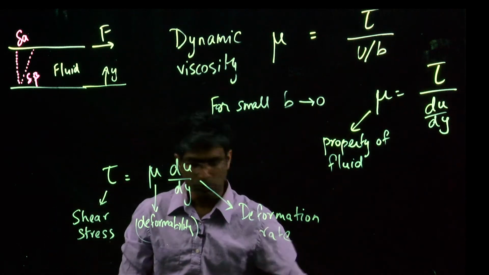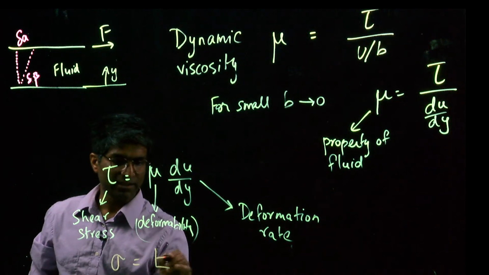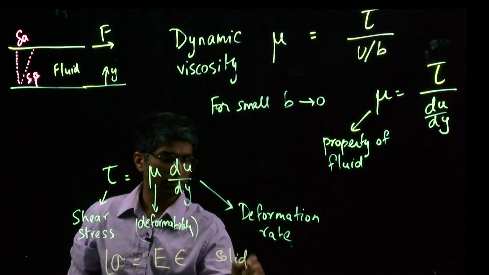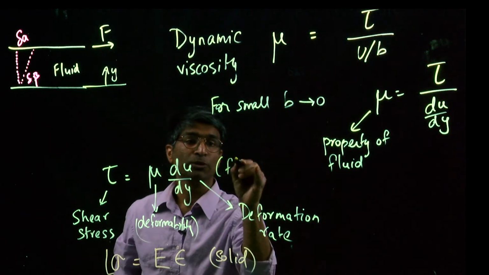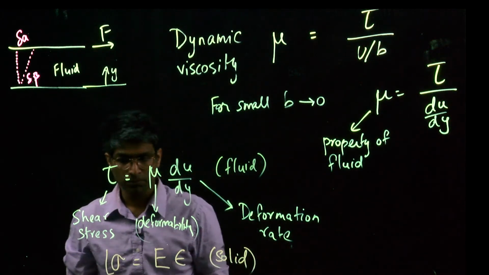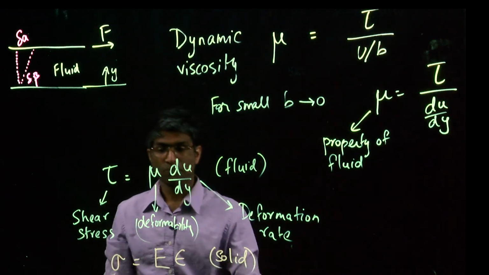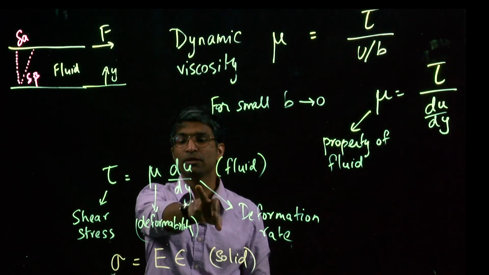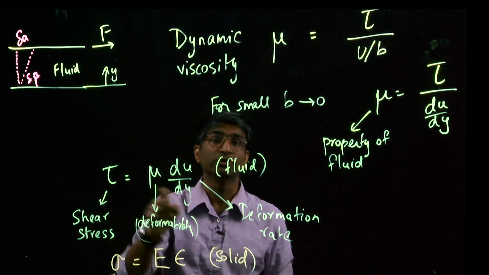We would compare this to sigma equals E times epsilon for a solid. And this would be for a fluid. So these are equivalent expressions where I'm saying stress is proportional to strain for a solid and to strain rate in a fluid, and the constant of proportionality in the solid is the Young's modulus, and for the fluid is the dynamic viscosity.